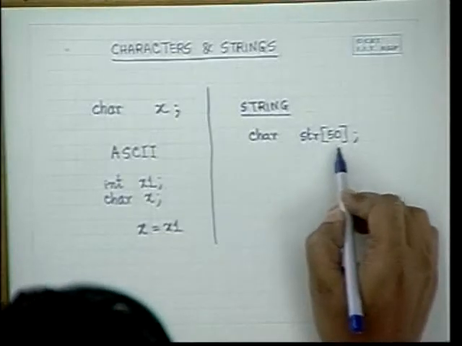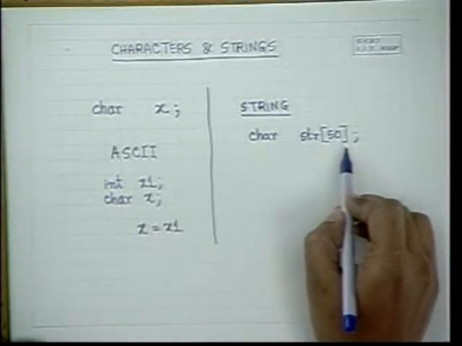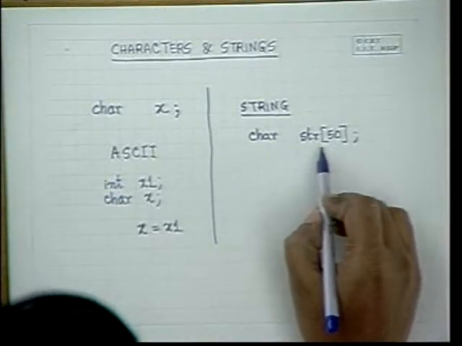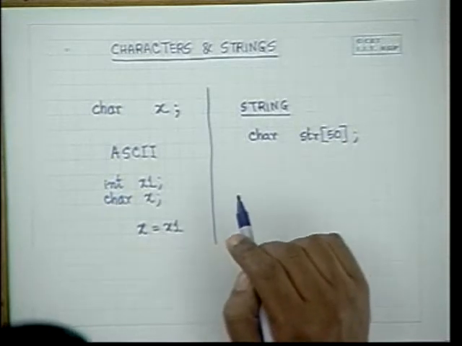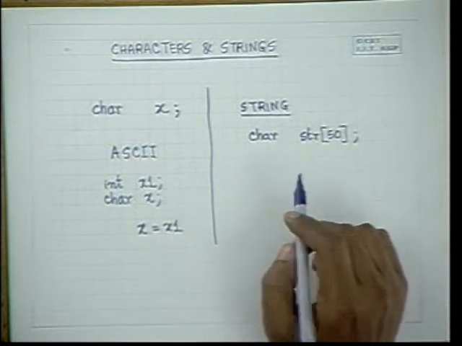As I mentioned earlier, a string is defined as a character array. So you can define it to be a character array and use it as a string, and C provides you certain facilities to directly read and write strings.